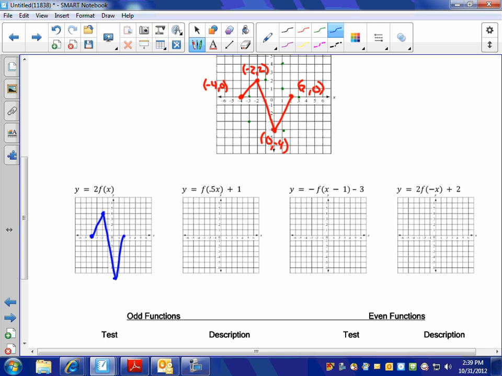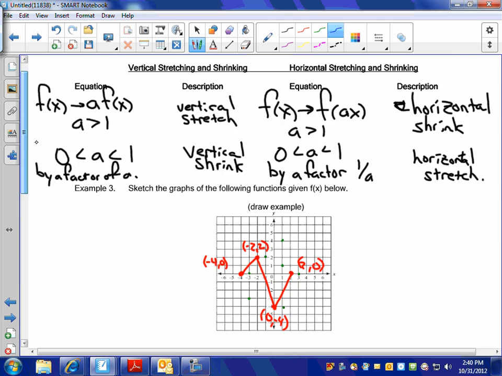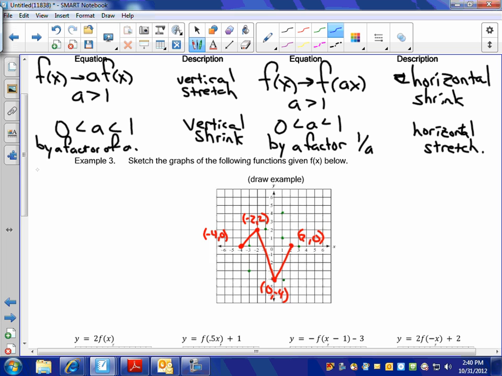Okay, the second one, f of 0.5x plus 1. What's happening there? Horizontal. It says in your notes, if a is between 0 and 1, it's a horizontal stretch by a factor of 1 over a.